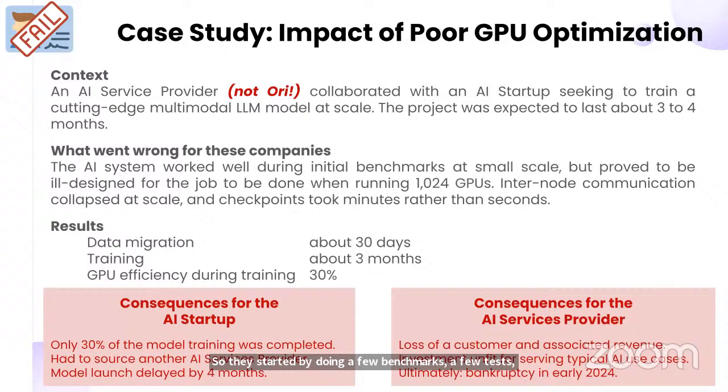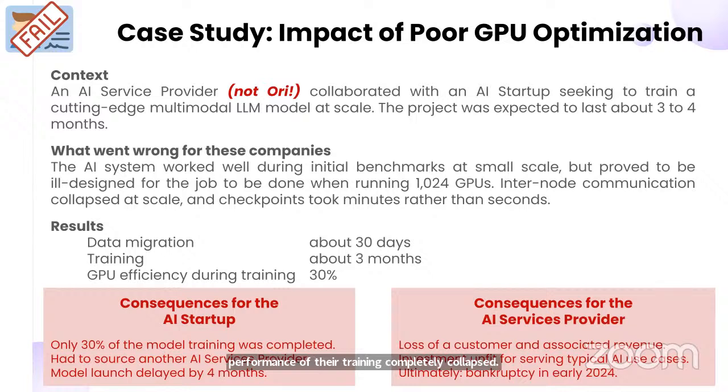And obviously, these benchmarks were done at small scale, as anyone would do when you're just doing a trial. And everything seemed to be fine. However, when the customer signed for the project and decided to go to production, they started to run at larger scale on the full 1,024 GPUs. And all of a sudden, the performance of their training completely collapsed.